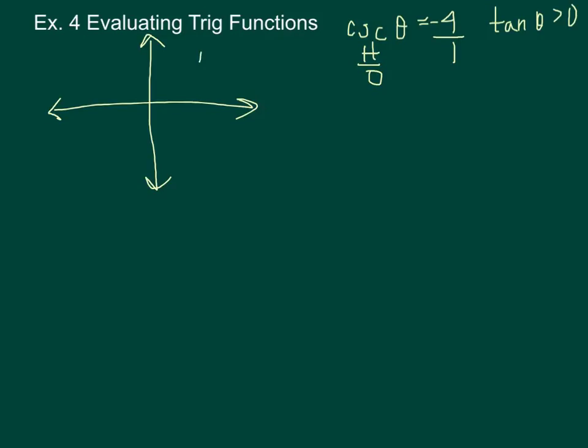So remember A Smart Trig Class. If tangent is positive, we could be here or we could be here. Well, because cosecant would have to be negative, then we can't be here. So that means that our triangle or our point would be in quadrant 3.